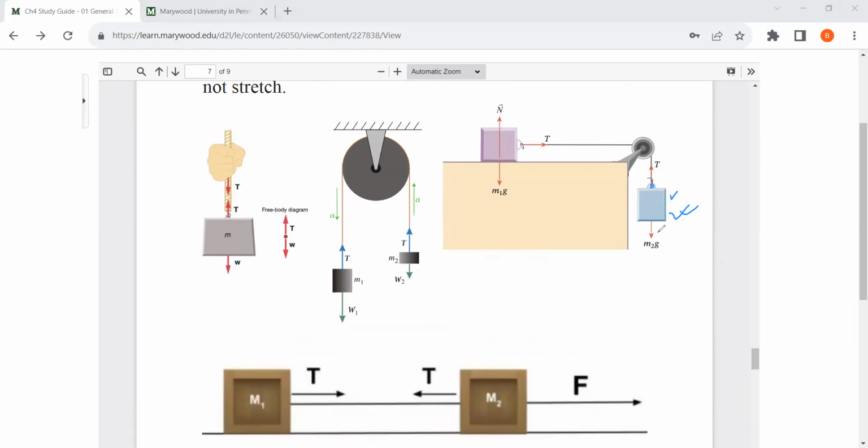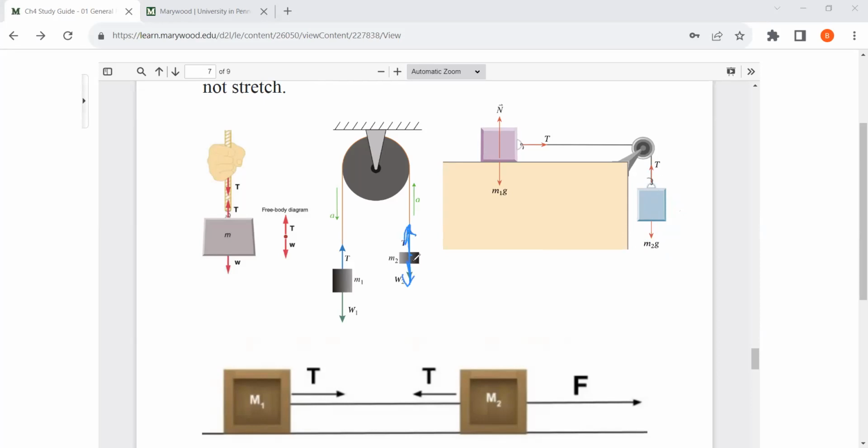So here we can think of this as the applied force on the string. Because the gravitational force is in this direction, the tension will be opposite to this gravitational force. That's why I say that tension force is always opposite to the applied force. The same thing here: you can see that this is the gravitational force.